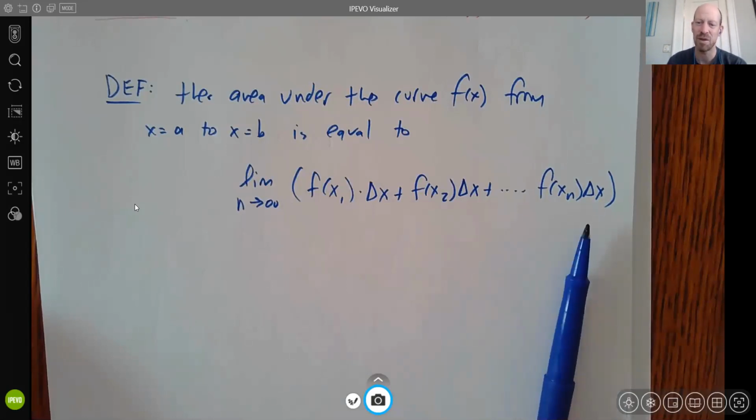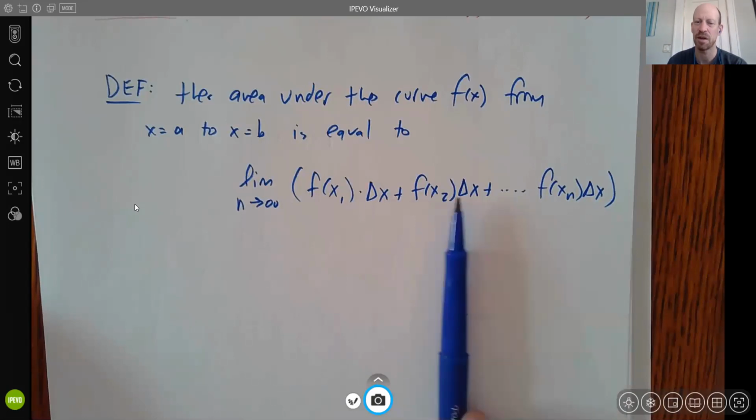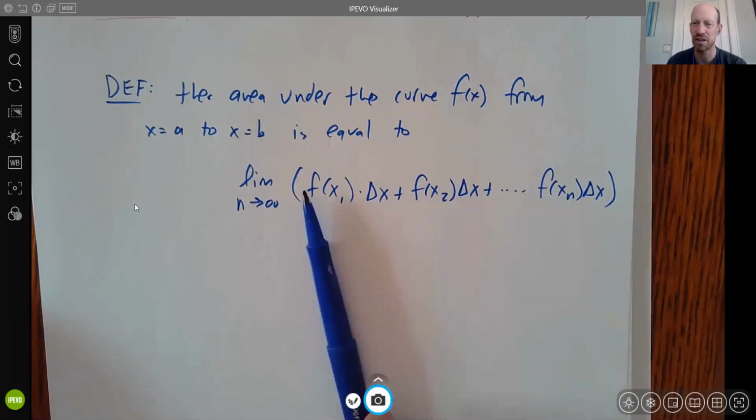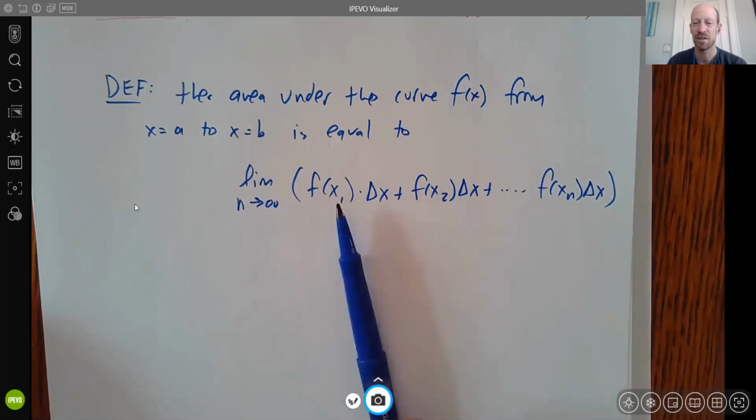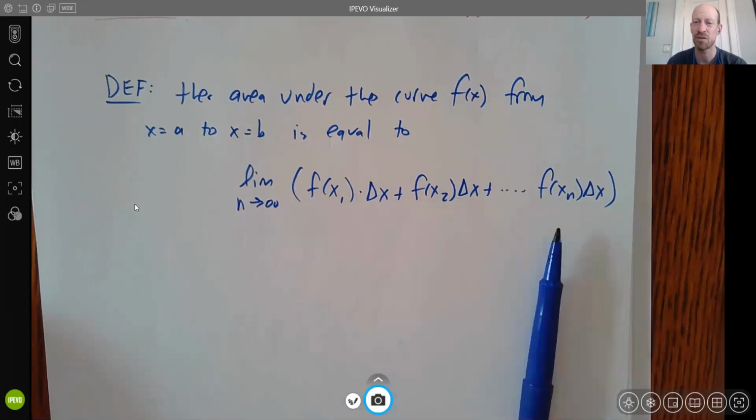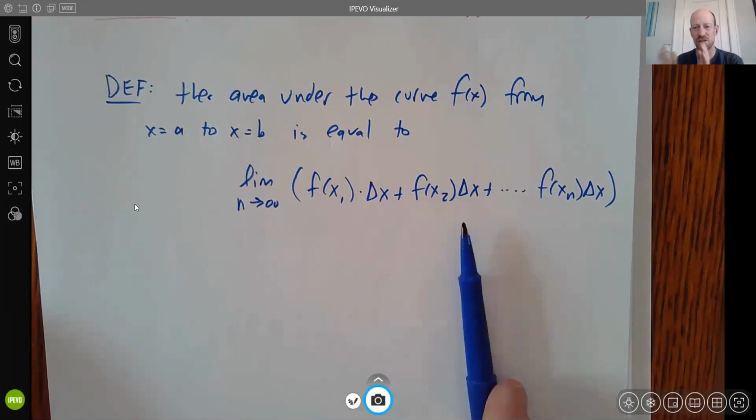So it kind of implies what's in there, but it's not a kind of function that I'm able to calculate, because these x sub 1, x sub 2, x sub n, those are changing. As n gets bigger, each of those gets smaller, and the delta x's are changing too, right? That's the width. So those are getting smaller and smaller and smaller.